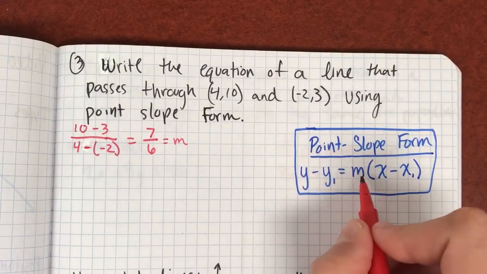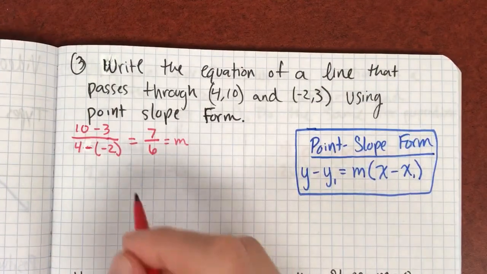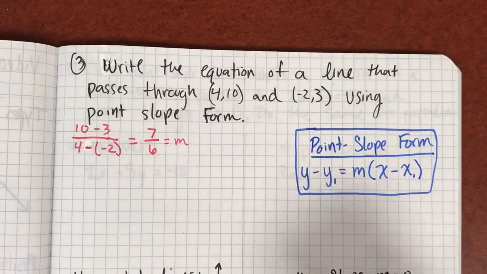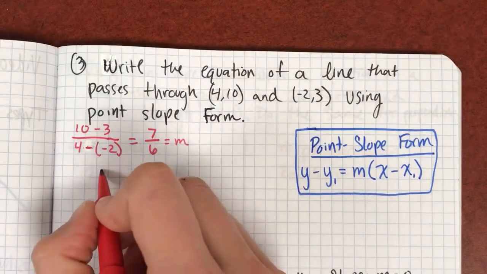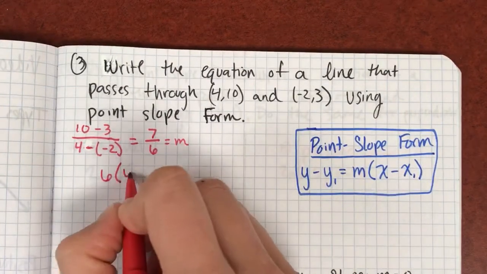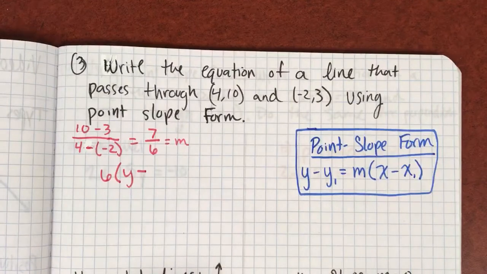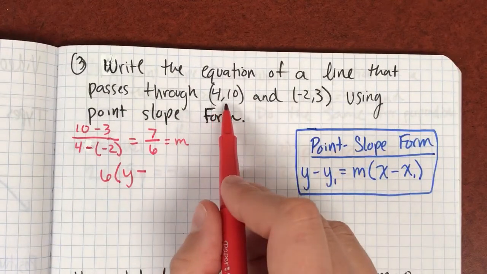So we're going to plug in our slope, and because this is a fraction, there's kind of a little trick to simplify it so we don't have to deal with fractions: you take your denominator and put it in front of your y. So we'll take y minus our y point, and we can use negative 2, 3, or we can use 4, 10.